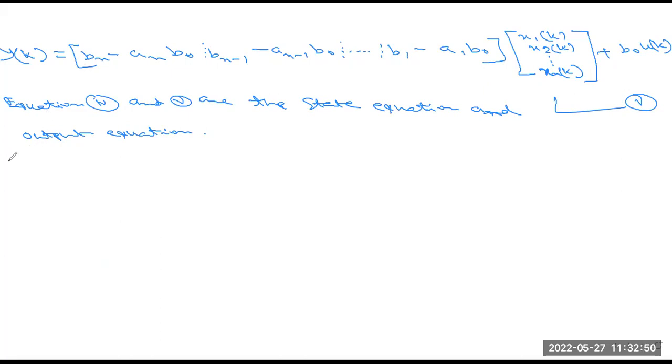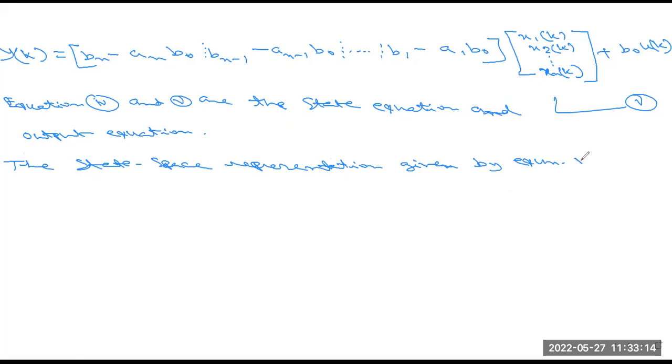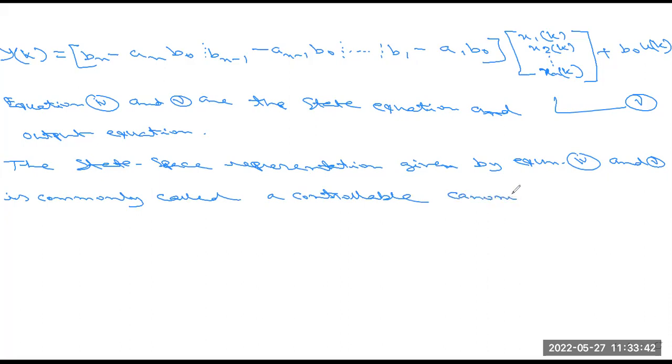So the state space representation given by equation 4 and 5 is commonly called a controllable canonical form.